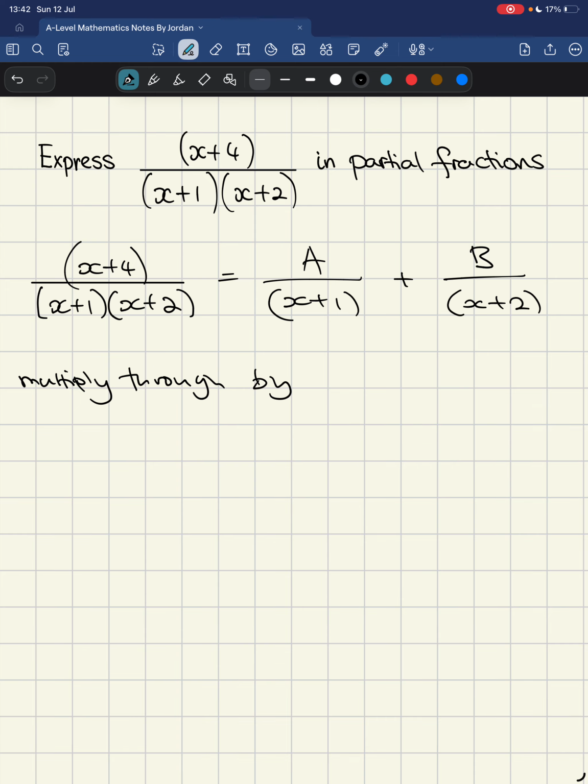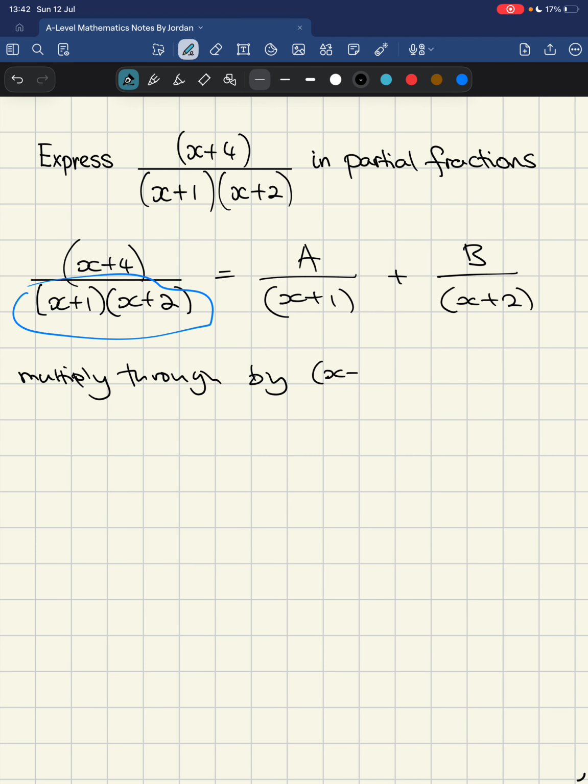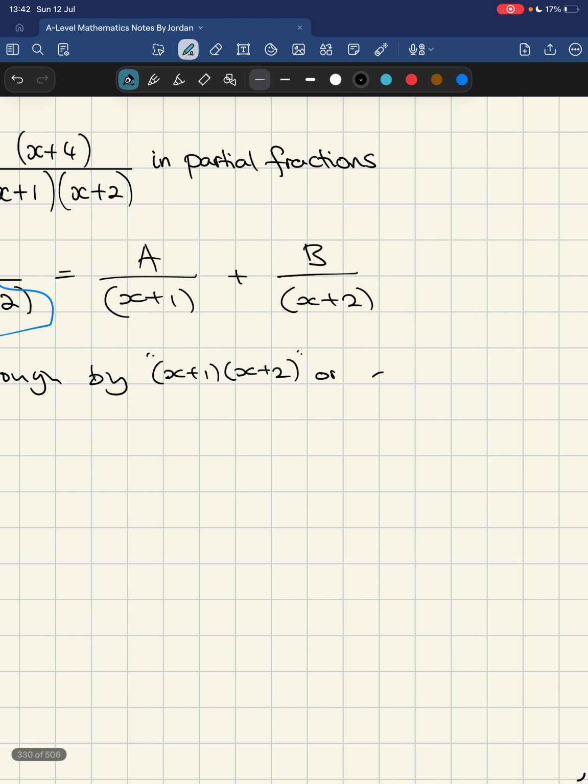It's essentially by whatever is the denominator here. So these two linears. So you can think of that in this particular question as that, or just simply as the denominator.